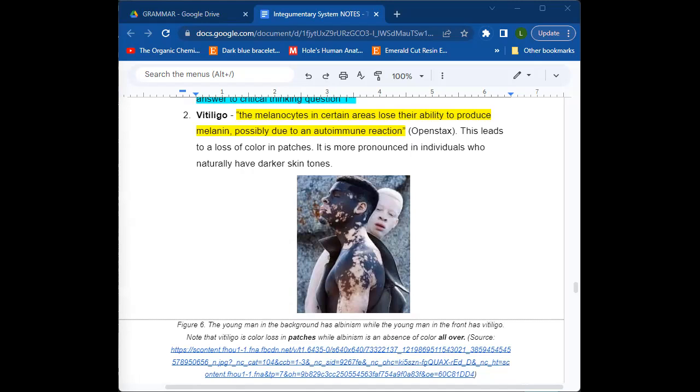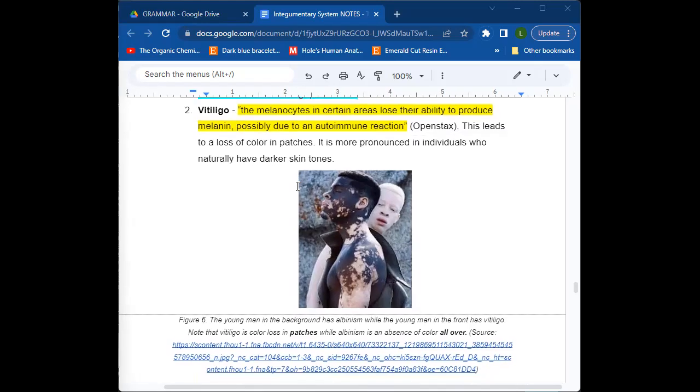So basically, it's believed that the immune system is attacking the melanocytes in a certain area. And when they attack them, the melanocytes in that area die. And if they die, they're going to stop making melanin, just in that specific area. So that's one of the biggest differences between albinism and vitiligo: albinism is all over and vitiligo is just in patches.